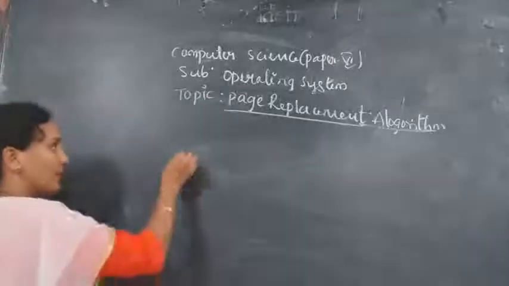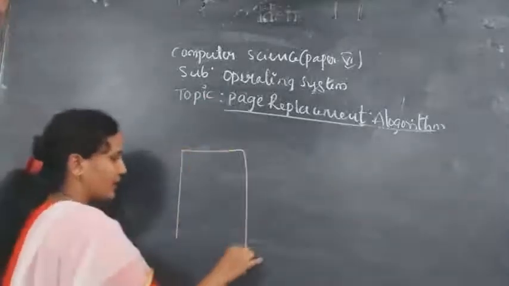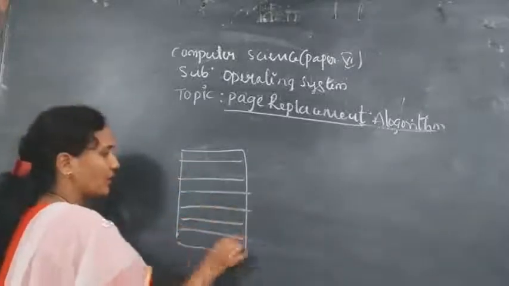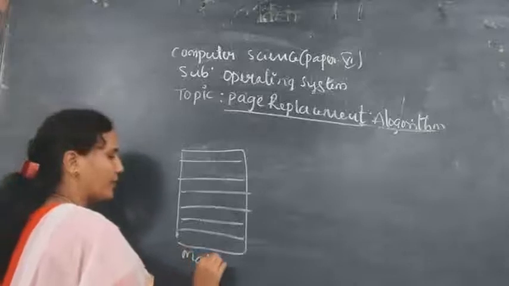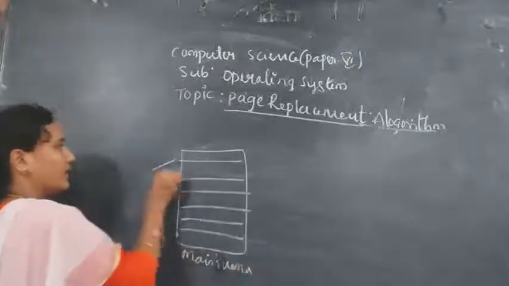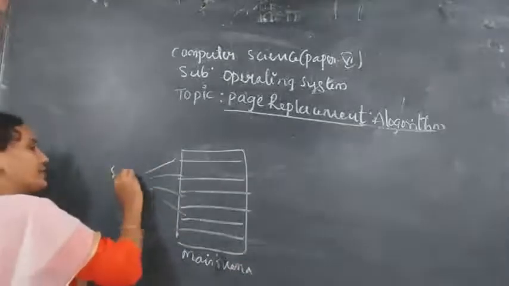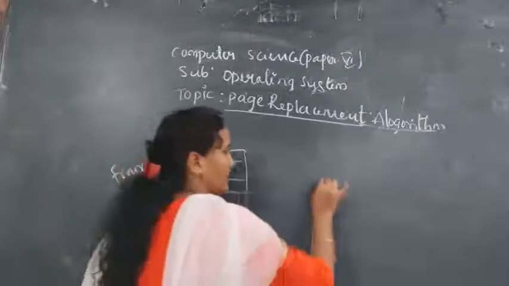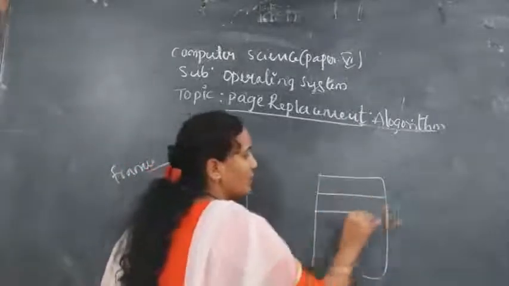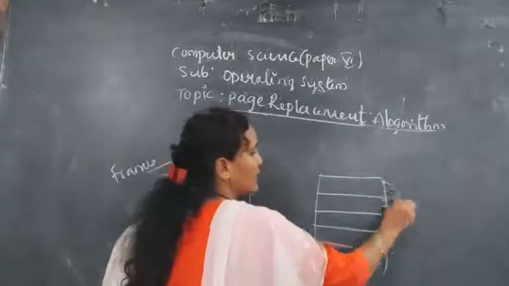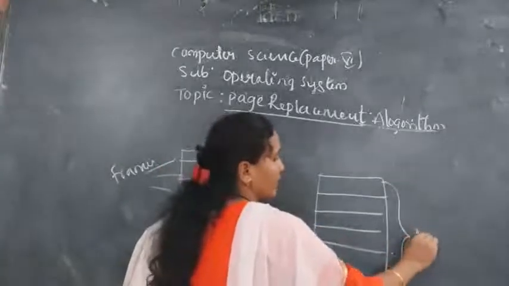In virtual memory, what happens? For example, this is the main memory. The total main memory is divided into frames. And whatever user program is there, that total program is divided into pages.